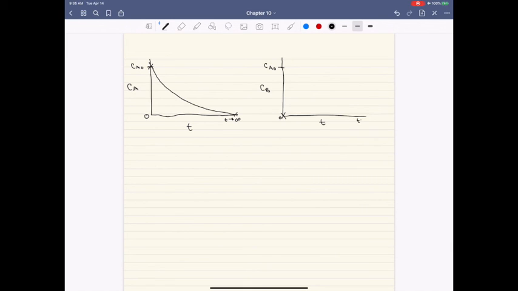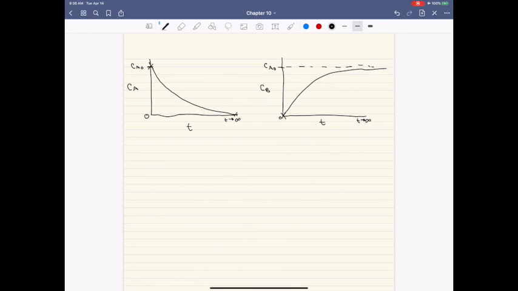And as time approaches infinity, we know that Cb is going to be approaching Ca naught. And our equation is going to look like this. Whoop, sorry. Let me rewrite that. Something like that, where we approach a plateau value of Ca naught. Right? So visually, just by deriving these two equations for Ca and Cb, we have an idea of how the concentrations in our reactor are going to be changing over time.